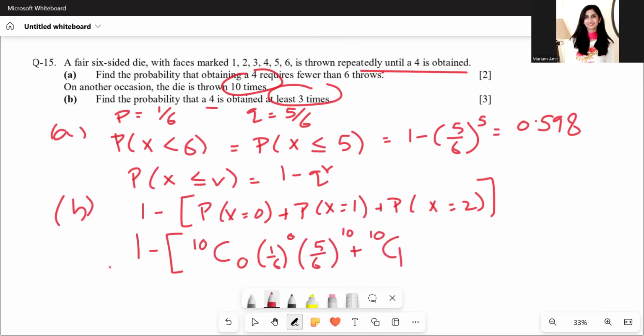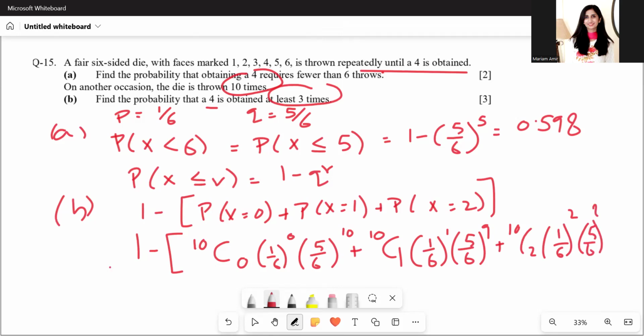Out of the 10 times, 1 time we get a 4. So success happens once and failure happens 9 times, plus 10c2. Success happens twice, failure happens 8 times, and all of this will give us 0.225.